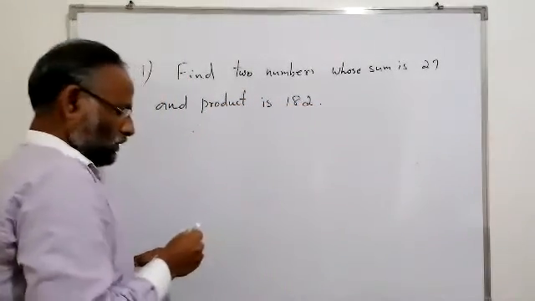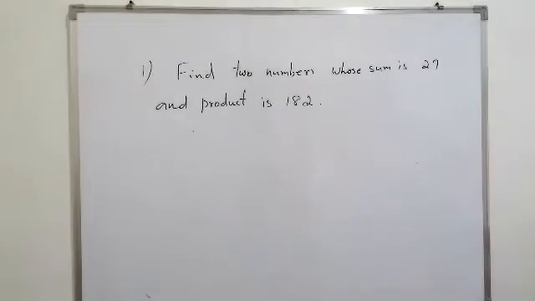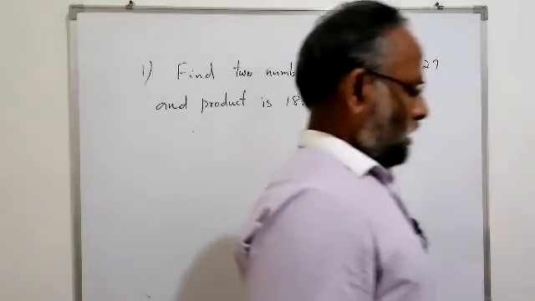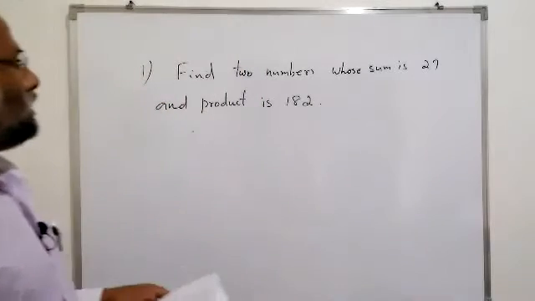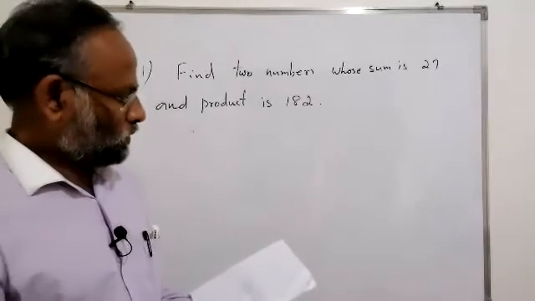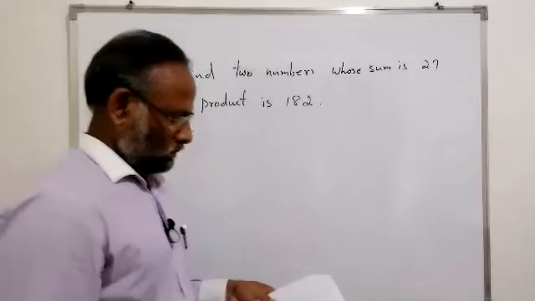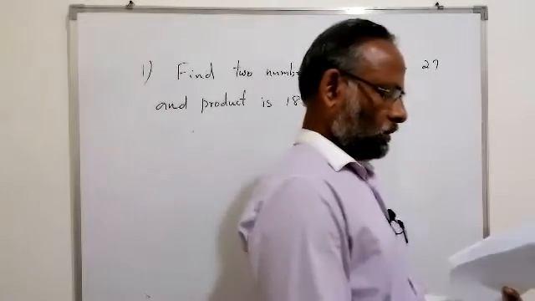Read the question, all of you. Find two numbers whose sum is 27 and product is 182. You understood the question?